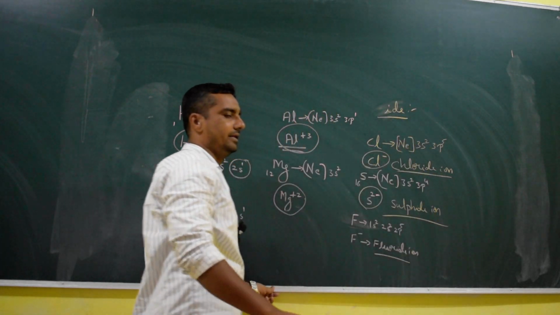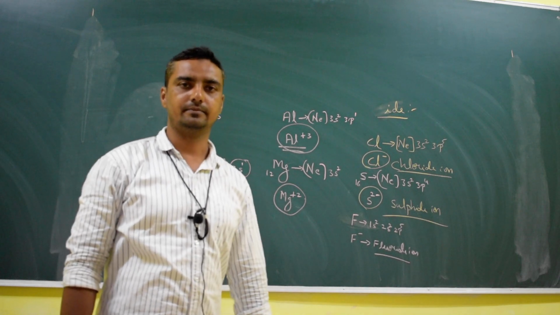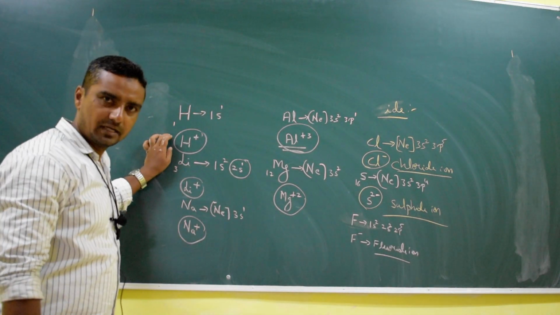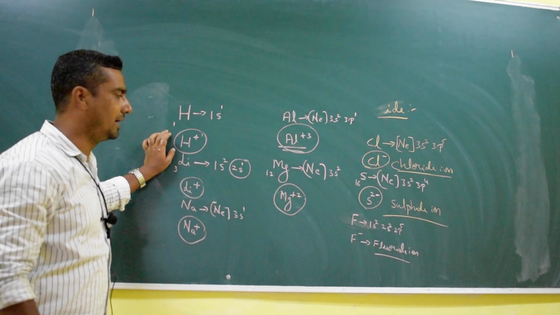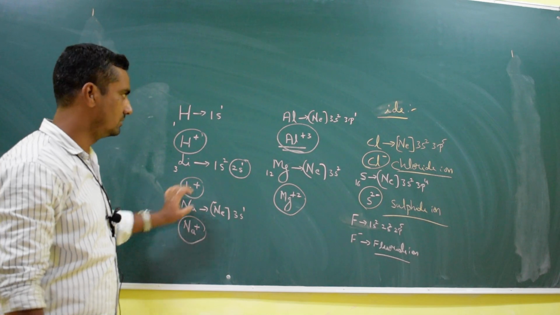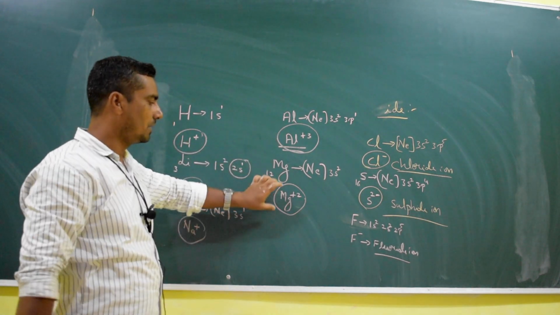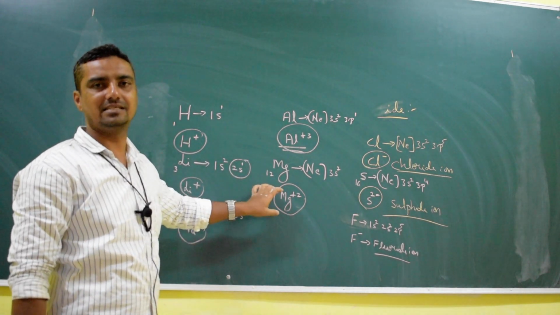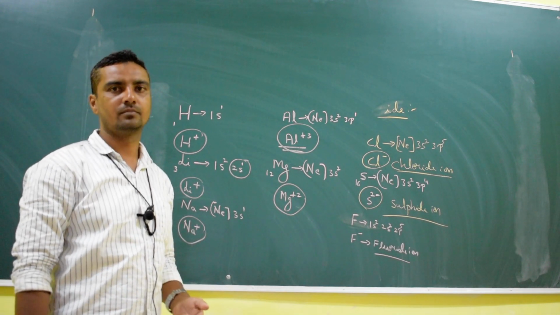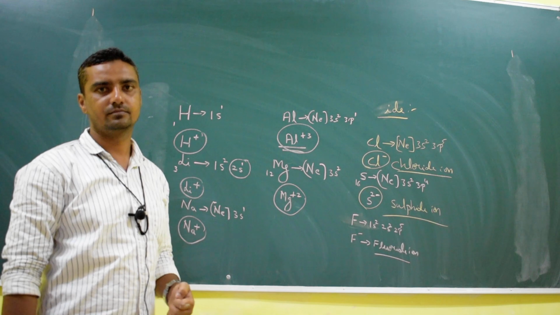But cations have the same name as the element: hydrogen ion, lithium ion, sodium ion, aluminium ion, magnesium ion, calcium ion, potassium ion, rubidium ion, barium ion.